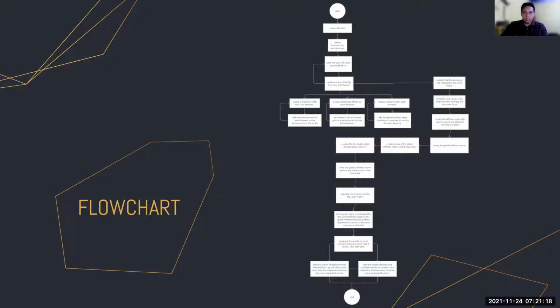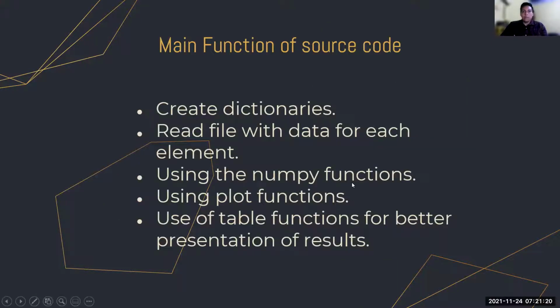Then we convert these values from this vector to the displacement in the local reference system for each element. Next, for the main function, the source code, we have the correct dictionaries, with the number of the elements for each one to get a relationship, and calculate and transform the values. We use the NumPy functions to make the calculations easier, for example linalg to calculate the inverse, and dot to multiply both matrices and vector.